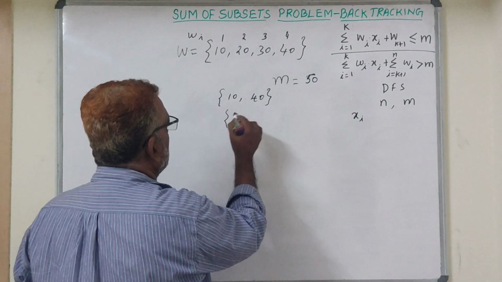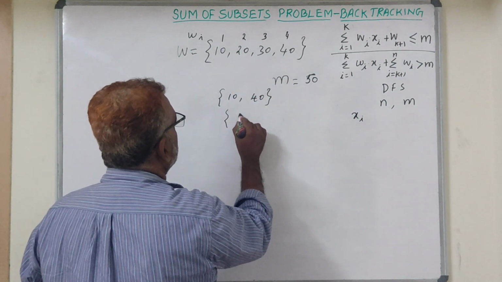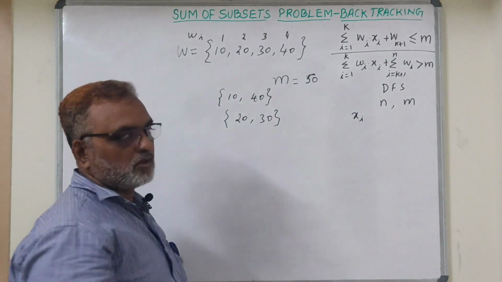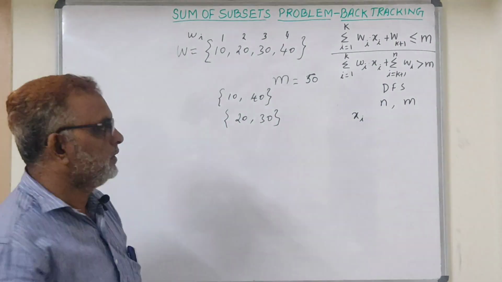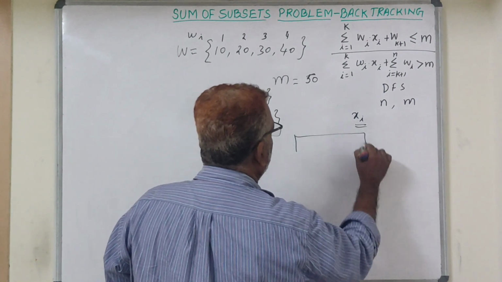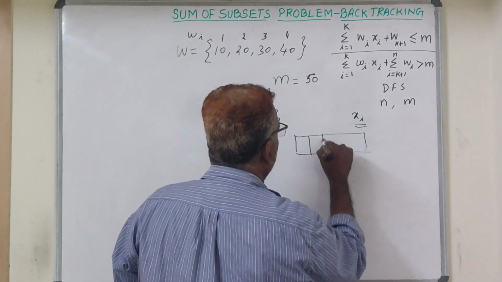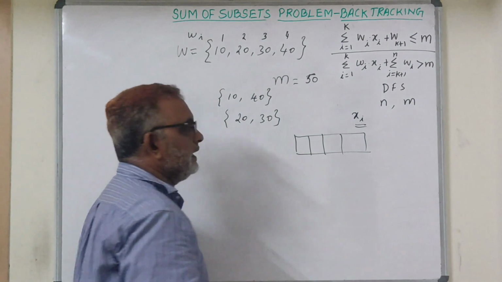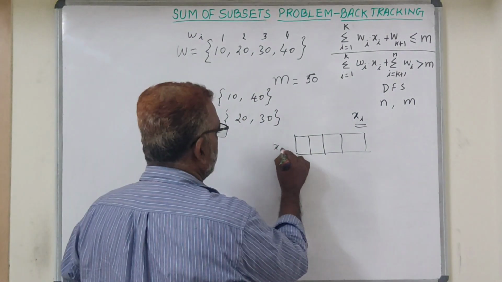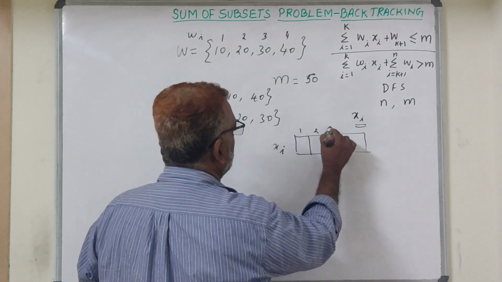Similarly, another subset we can get is 20, 30. This is also 50. So this xi is nothing but whether the particular weight is included in the sum or not. For example, these are the xi values 1, 2, 3, 4.